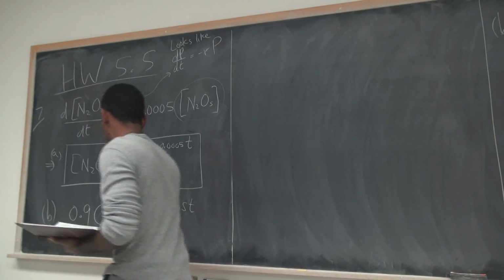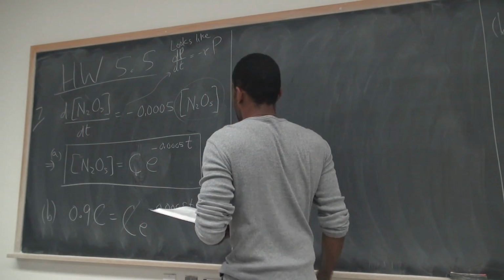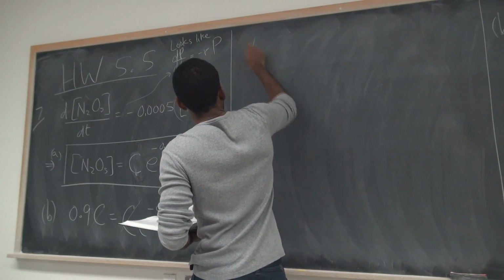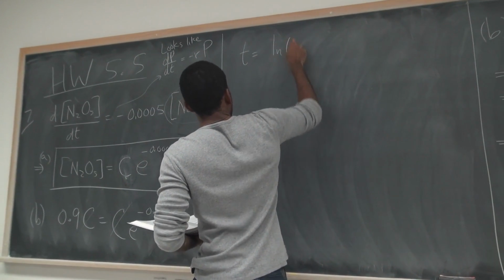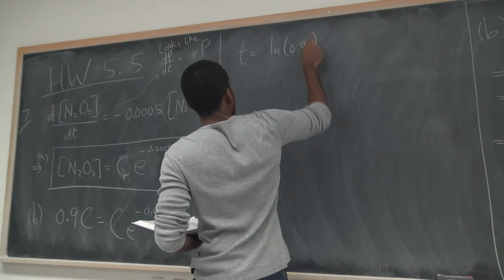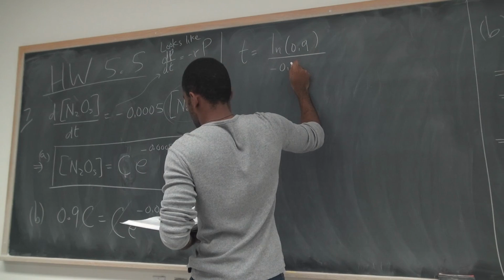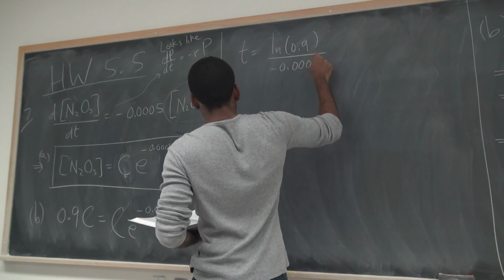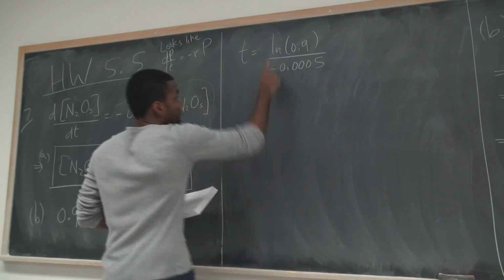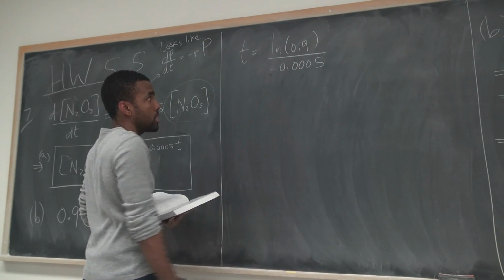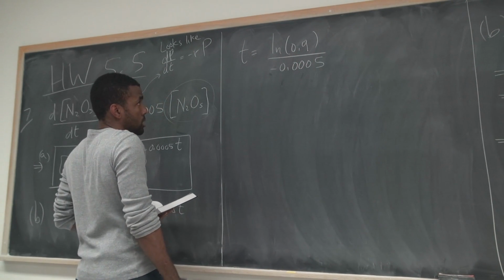Divide by C on both sides, the C's cancel. So I just have t is equal to ln 0.9 divided by minus 0.0005. Again, ln of 0.9 is a negative number, divided by a negative number makes this positive, so it actually makes sense.